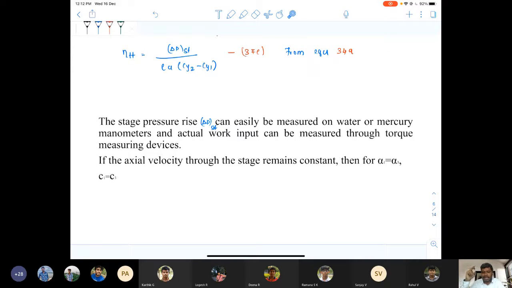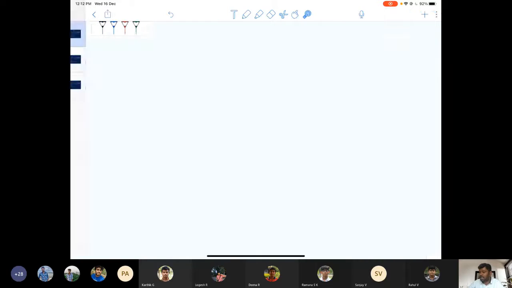That is, the air angle at the inlet velocity triangle of the rotor will be equal to the air angle at the diffuser stage. Therefore alpha 1 will be equal to alpha 3, and the velocity at the inlet is equal to the velocity at the outlet.